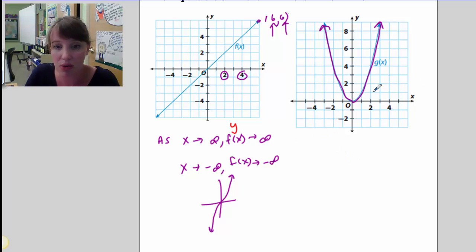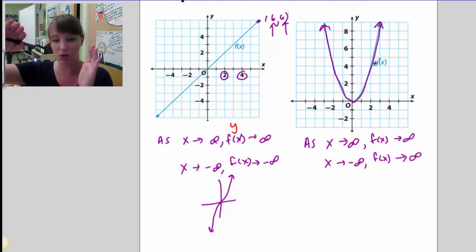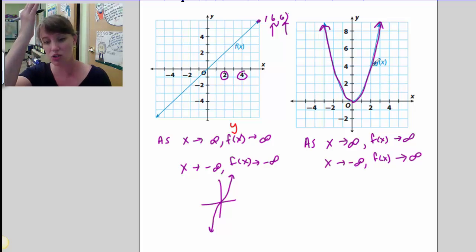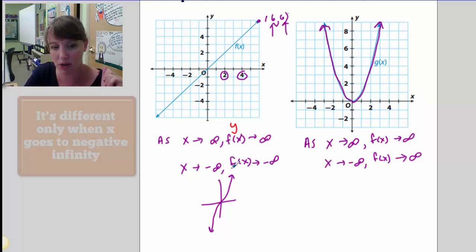So let's write this out. In this right branch, as x goes to infinity, f of x also goes to infinity. But also, as x goes to negative infinity, the function itself goes to infinity. That's what happens. It drops down to the vertex, and then it starts coming back up again. So the end behavior for the quadratic function is very different than the end behavior of the linear function.